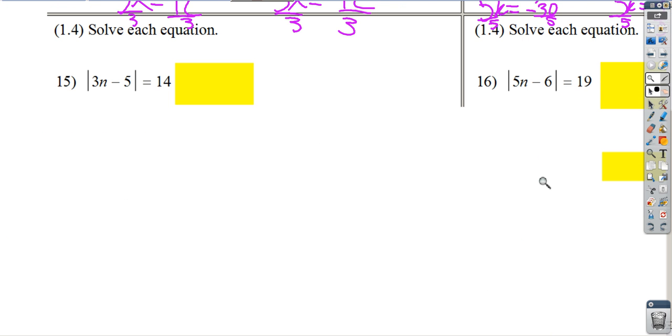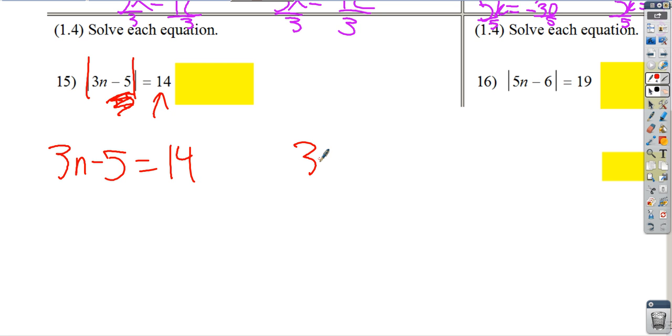Okay, right here we have nothing outside the absolute value, so we can immediately split it into two equations. Some people would want to try adding 5. You can't do that. You have to get rid of the absolute value first. So 3n minus 5 equals positive 14. 3n minus 5 also equals negative 14. And now we solve it by adding 5 to both sides.